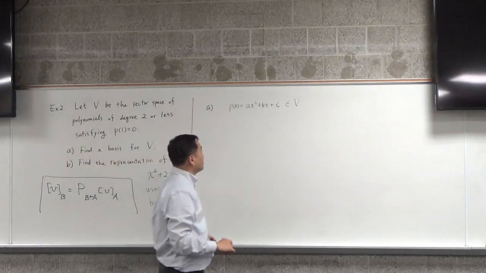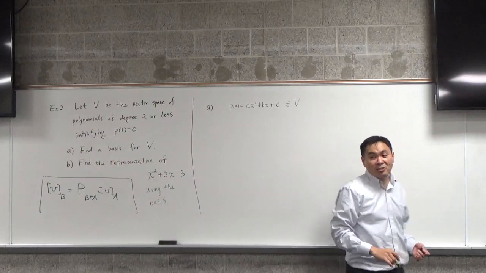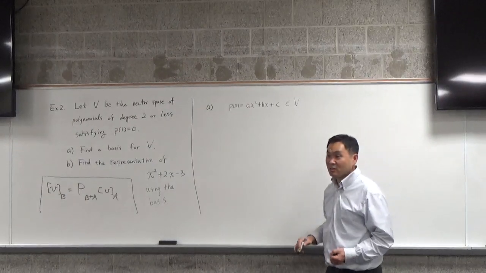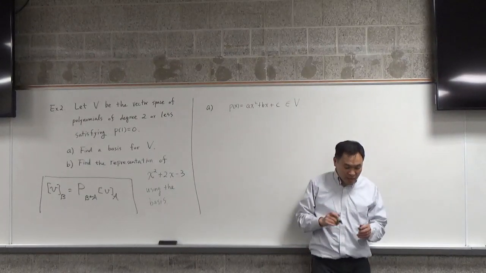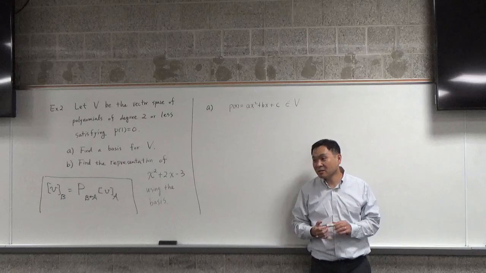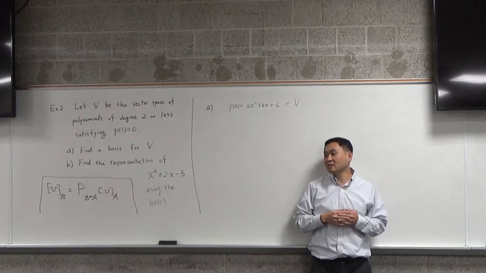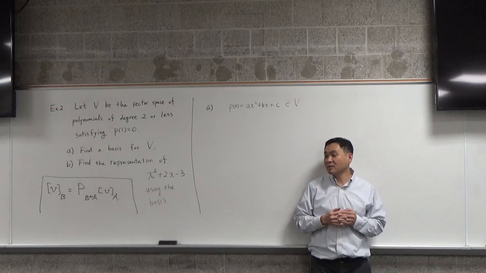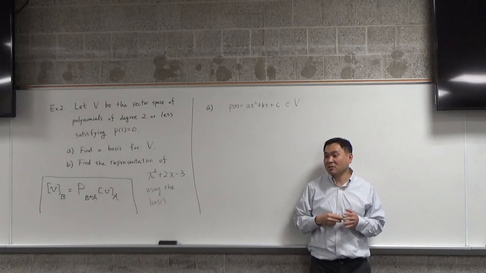Now, is there any additional condition on a, b and c? What condition should a, b and c satisfy? At x equal to 1, it has to be 0, and what does that translate to?